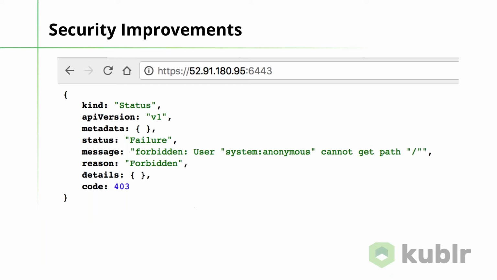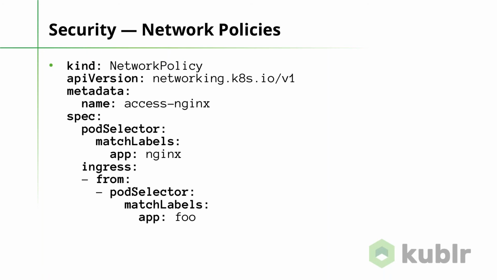Next one, network policies. They were introduced in 1.7 in the previous version. Now they're improved. This is how a network policy looks. Network policy allows you to configure how your deployments can communicate with each other.